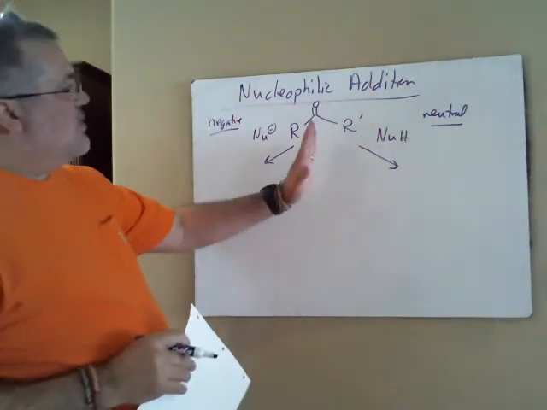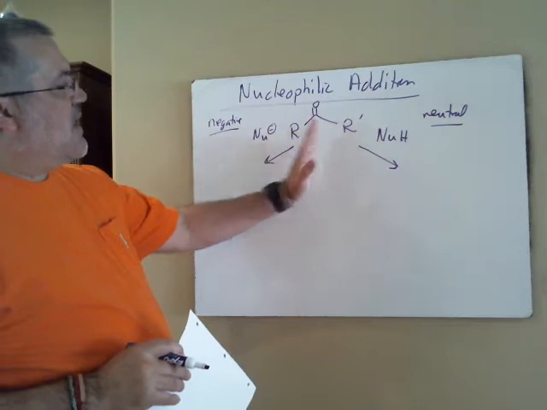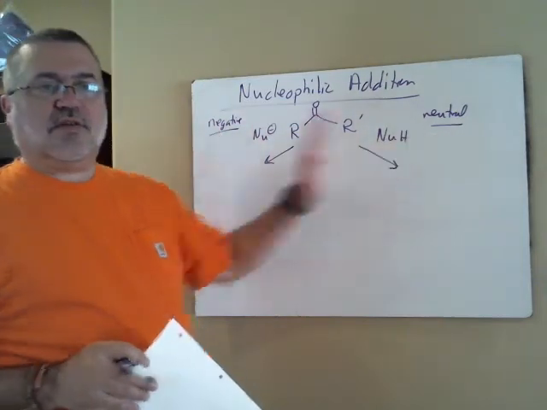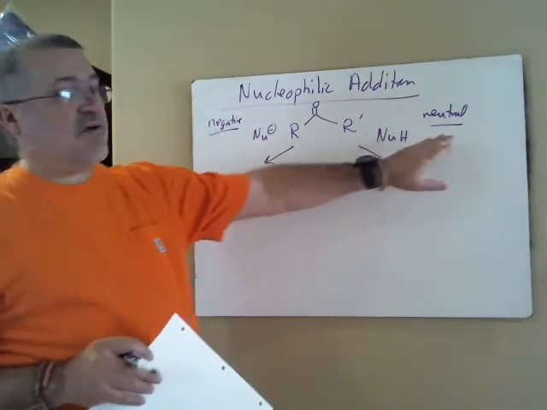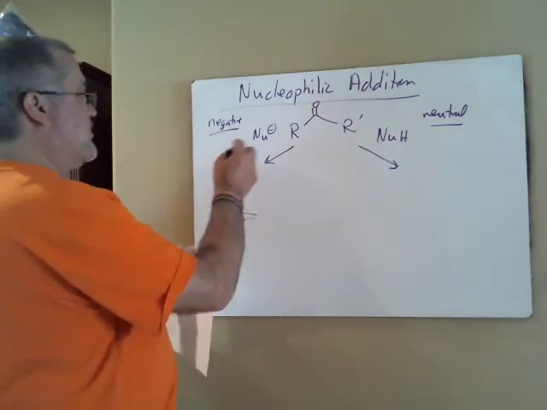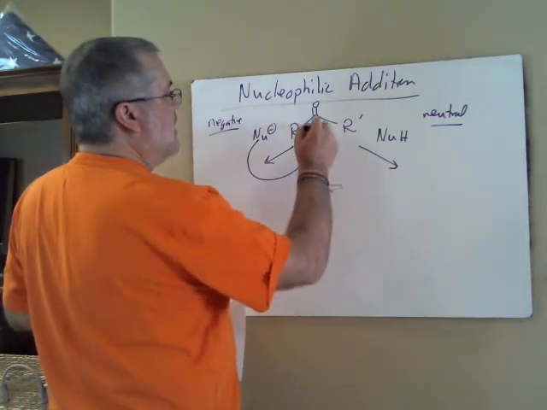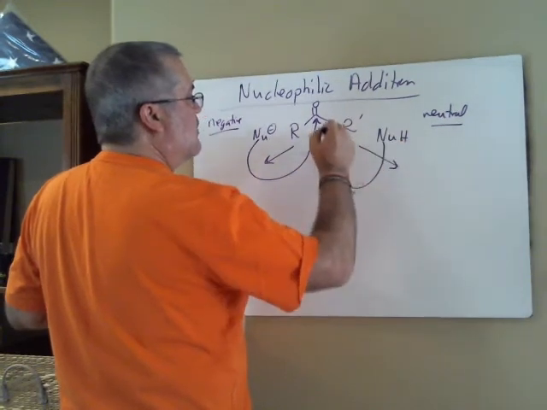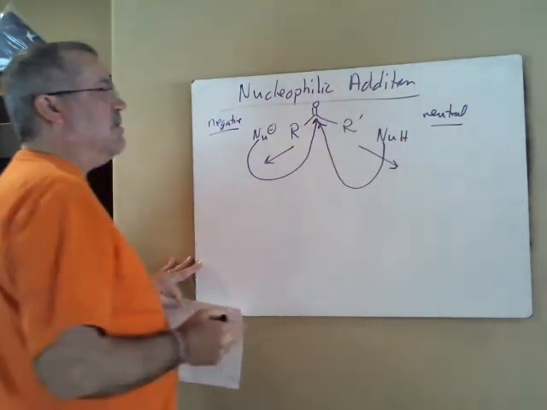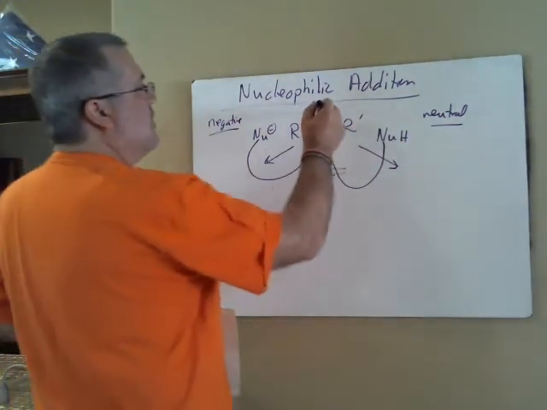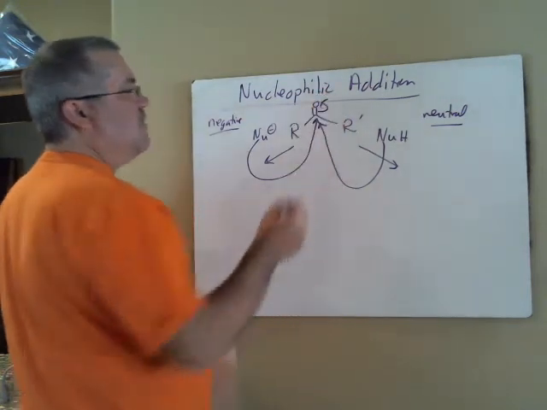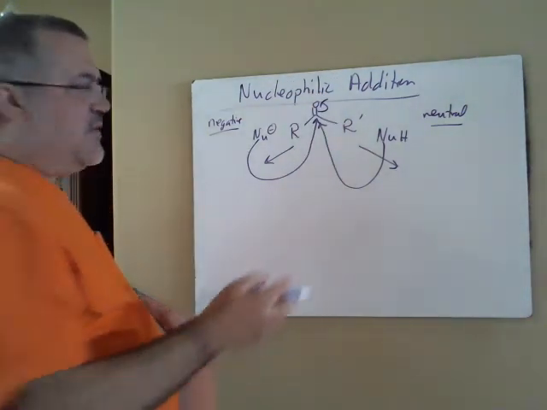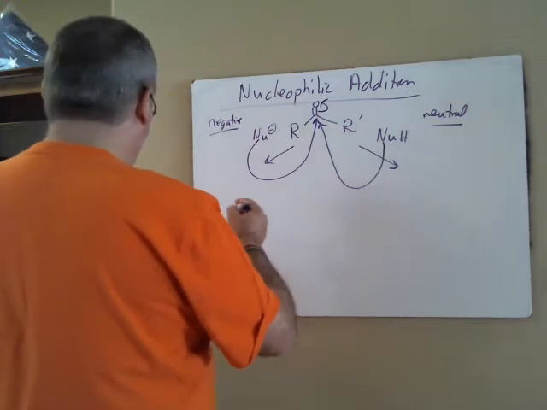Okay, so you have your ketone or aldehyde. You have two different conditions, either negatively charged nucleophile or neutral nucleophile. In both cases, you're going to have that nucleophile reacting with the electrophilic carbon of the carbonyl, which will displace the pi bond and move the electrons out to the O. So they initially react the same way.